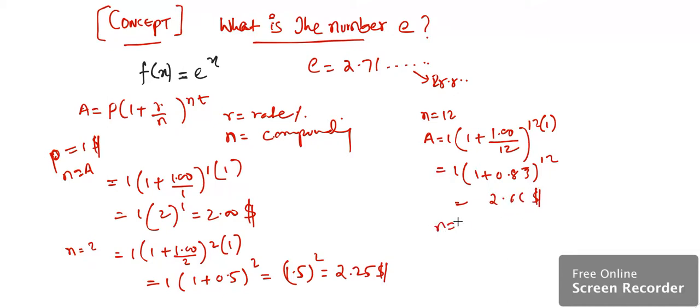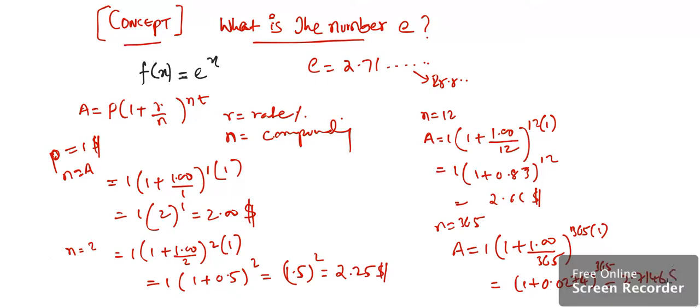Now let's do it each day, 365 times. With the 100% rate, I'm doing it each day, 365 days in a year. So when I do 1 plus 1 upon 365, that is 0.0274, the amount goes to $2.7146.